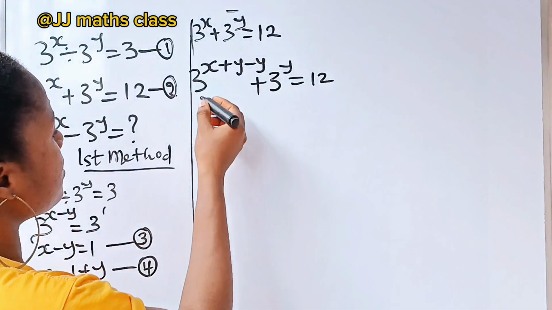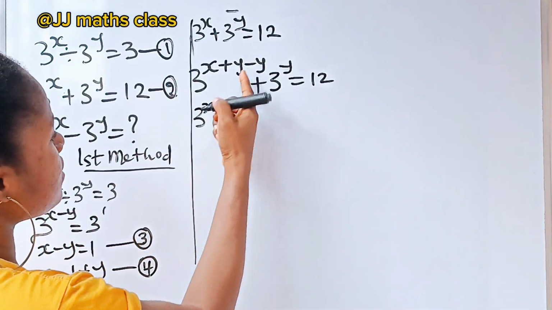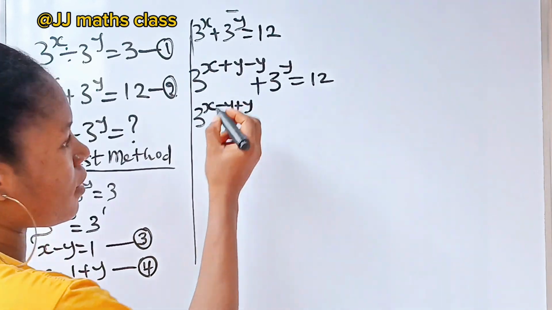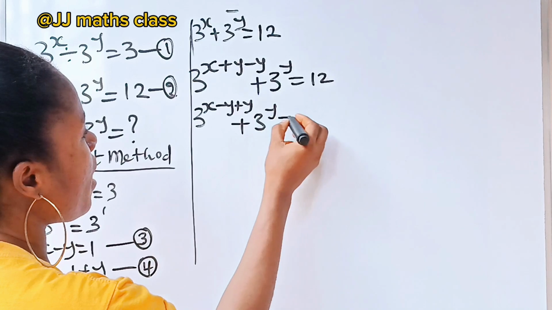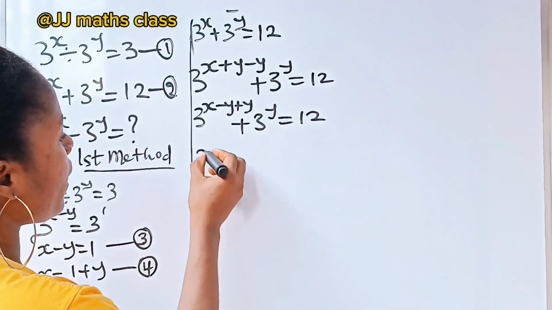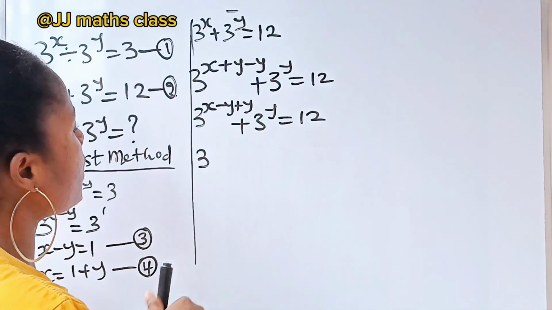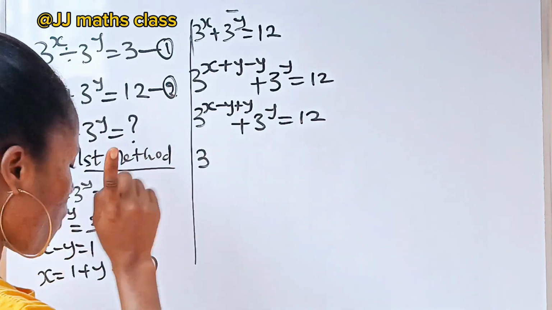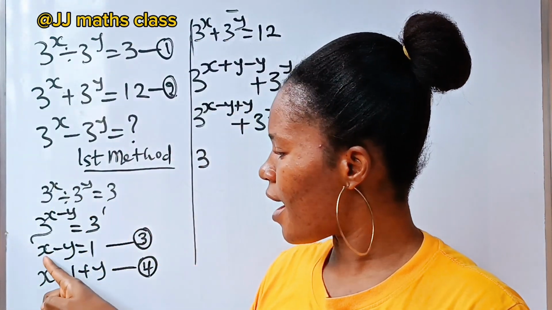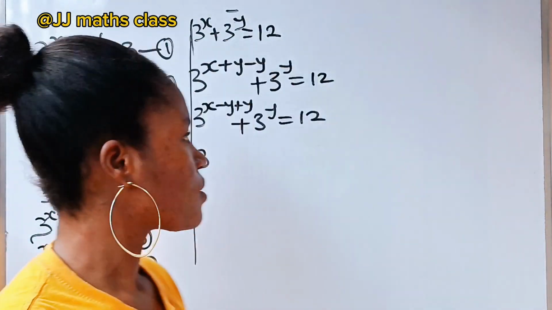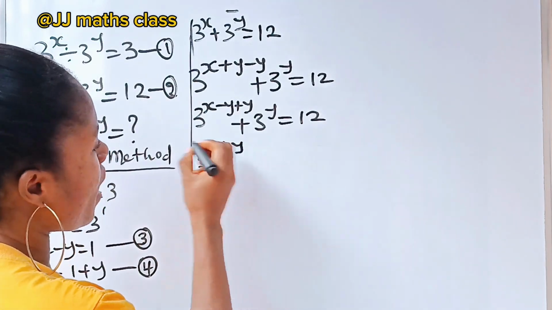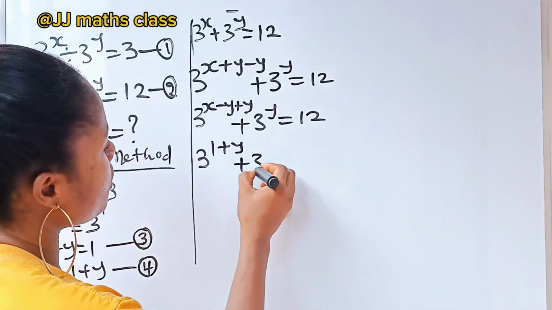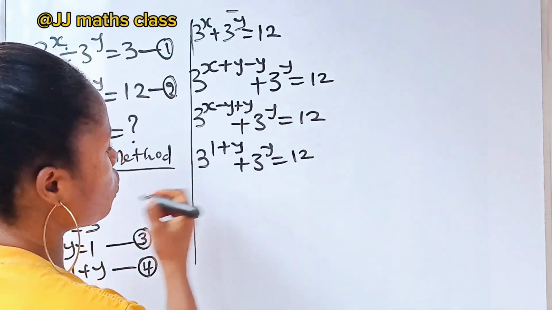So let's rewrite this as 3 to the power of x minus y plus y. Minus y plus y is still 0. Plus 3 to the power of y is equal to 12. So we have 3 to the power of, now x minus y is 1. See it here, x minus y is 1. So we are going to replace x minus y with 1, so we have 3 to the power of 1 plus y, then plus 3 to the power of y is equal to 12.